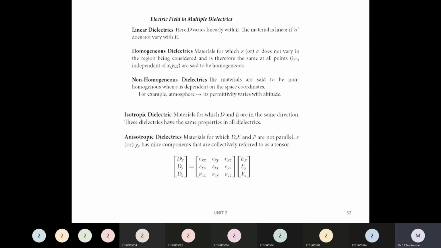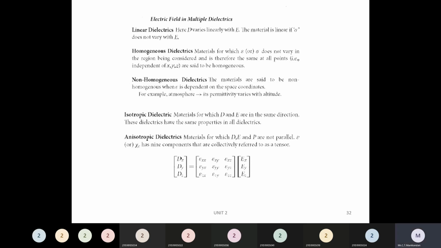In anisotropic dielectrics, the material is one for which D, E, and P are not parallel. When flux density, field intensity, and polarization are not parallel, we call it an anisotropic dielectric.